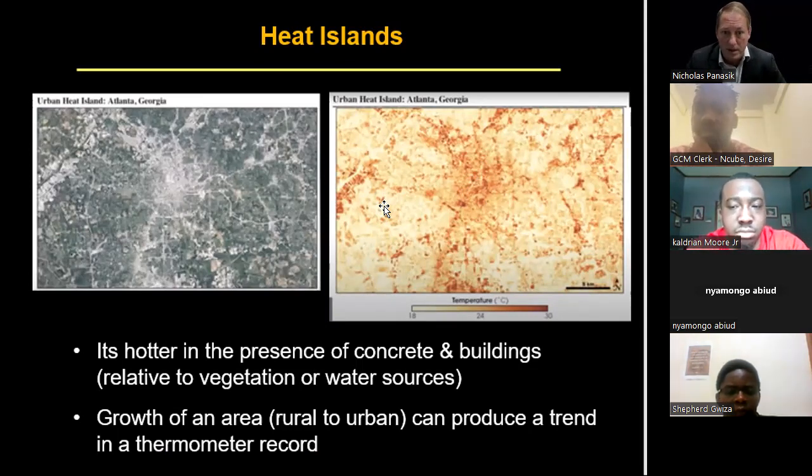But one might expect, if it's true of heat islands, that if you're in the middle of a city where there's lots of concrete and buildings, that it's going to be warmer, then you might think that it could cause a trend in the overall temperature data, when we're going from the 1850s all the way to present day. Why would that be the case? Why would it create a trend?